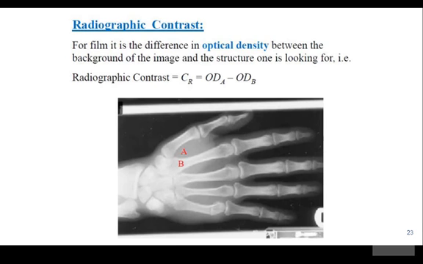So the way we can define the contrast here, we would look at the optical density at point A, so this would be our background, and then point B would be I guess the anatomy of interest, and that's how we would calculate the radiographic contrast. Okay, so this is probably not so important these days because of digital imaging, optical density.